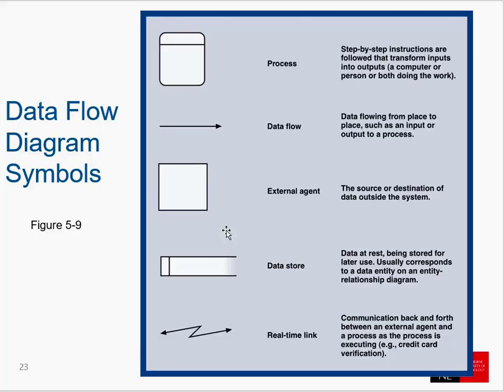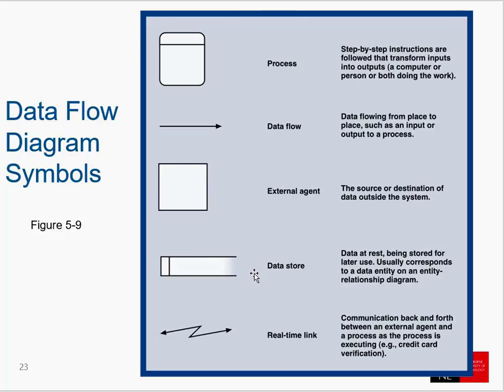And then we have this symbol. This is the data entity in our entity relationship diagram, which we call a data store. This is where data is held pending future access by one or more processes. So these processes access data from these data stores or entities.